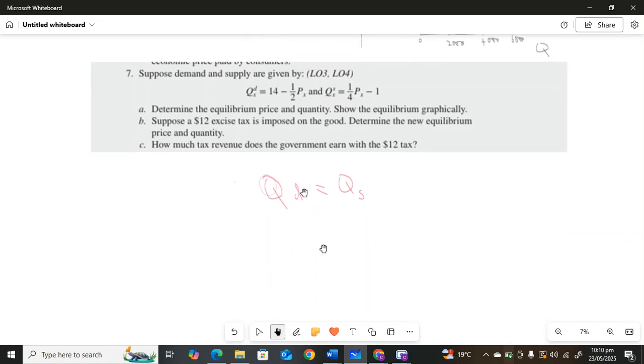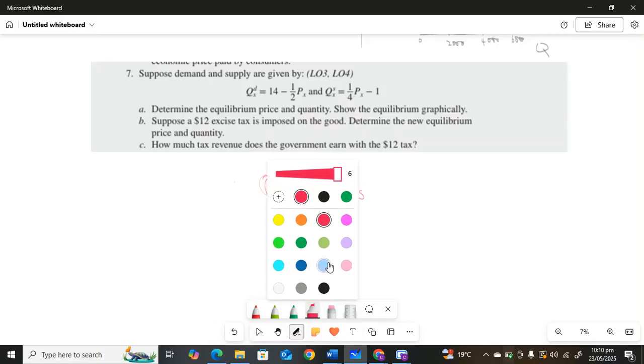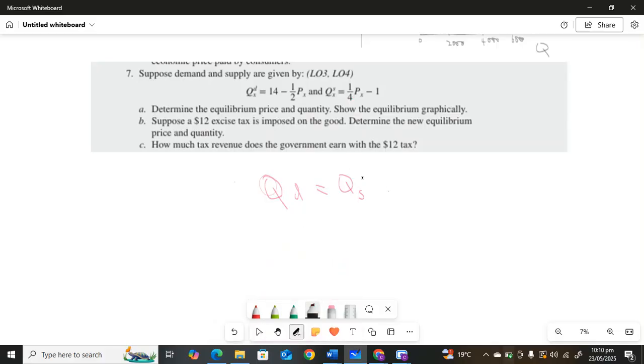So our demand function, we can convert this half into a decimal and this 1/4 into a decimal, because decimals are much friendlier to use and less work compared to fractions.